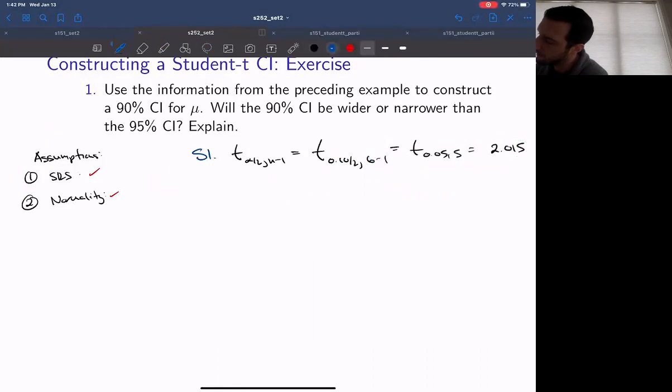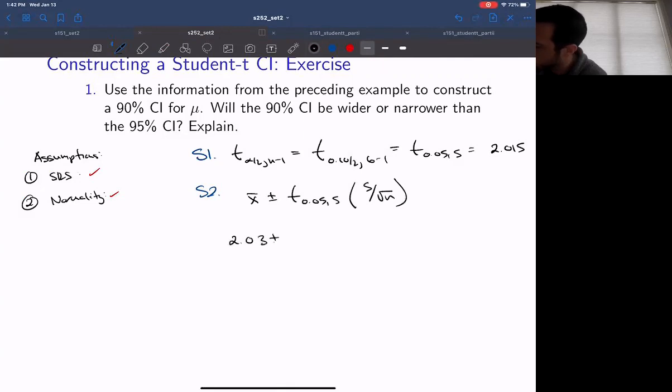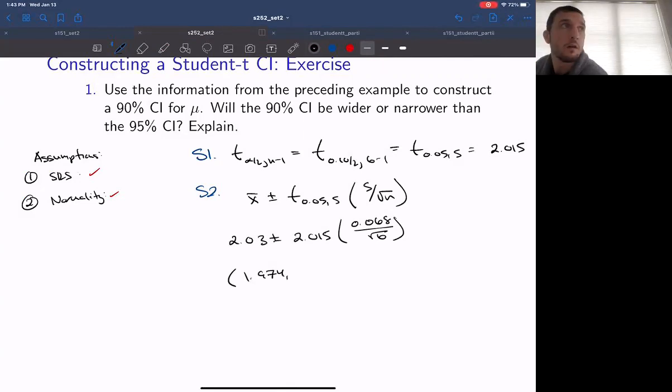All right. And then on step 2, we're simply plugging in. So here we're going to have x bar plus or minus t 0.05 and 5 multiplied by s over the square root of n. So that's going to be 2.03 plus or minus 2.015 multiplied by 0.068 divided by the square root of 6. And that will give us 1.974 to 2.086.